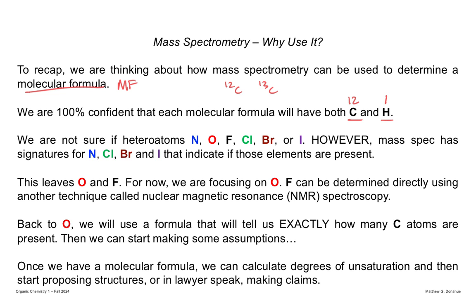So the difference between those is the C13 has an extra neutron in the nucleus. And then there's another isotope, carbon-14. You've probably heard of that. It's a radioactive isotope. So it has 2 extra neutrons, and because it's radioactive, it's emitting a particle at all times that eventually the nucleus decays.